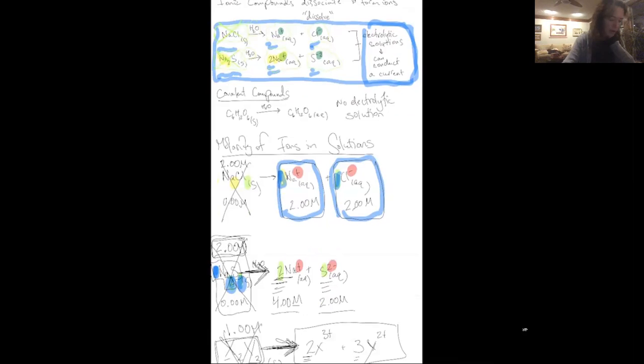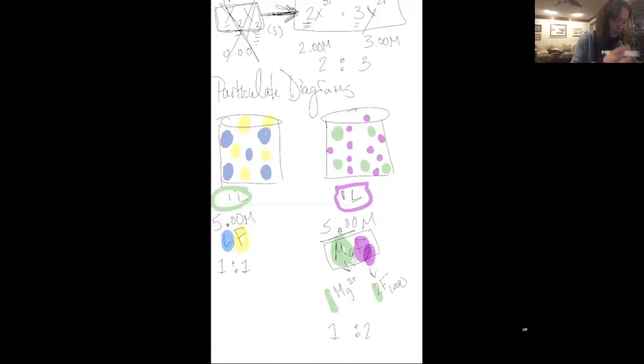The other thing, we just talked about how with particle diagrams, you need to pay particularly close attention to what the volume is and how that relates to what the moles are, right? Because I have 1 liter and my molarity is 5, that means I have 5 moles.